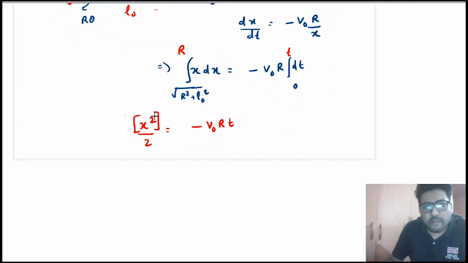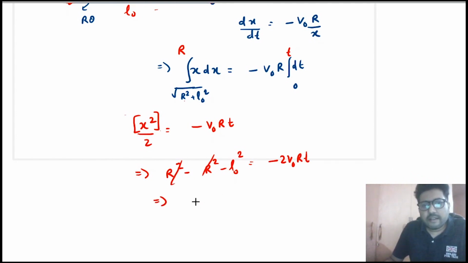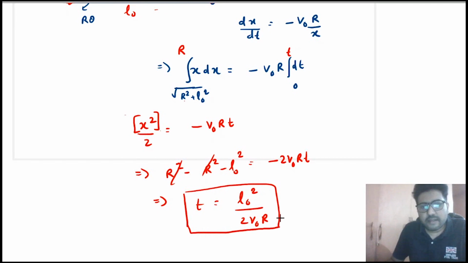Integrate it from this to this. I am not writing it here. So from this you will get r square minus L0 square is equal to minus 2 v0 r t. From this you will get t is equal to L0 square upon 2 v0 r. This is the same answer that we got using method 1.